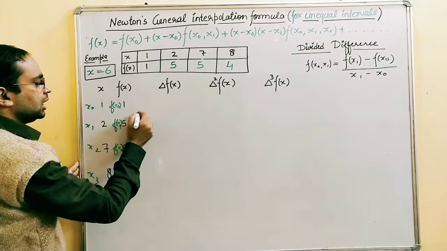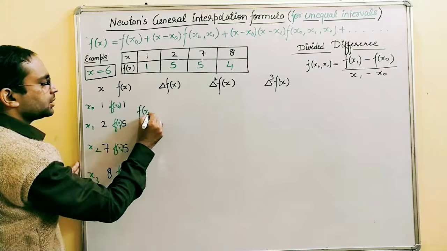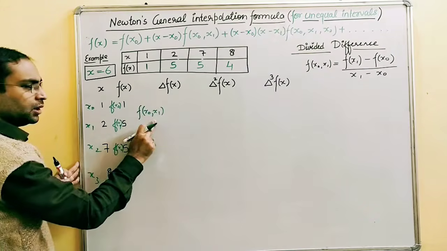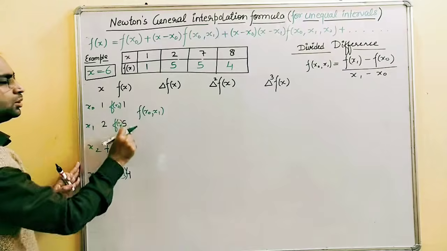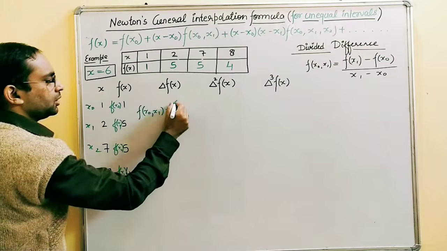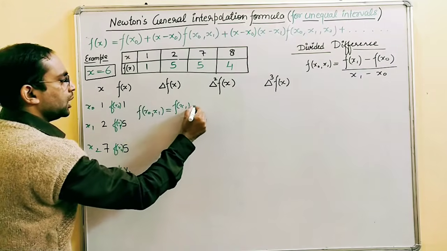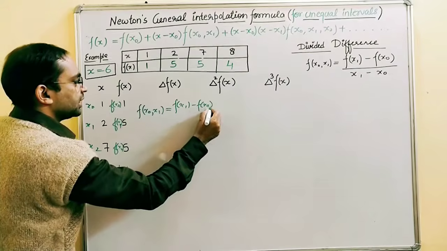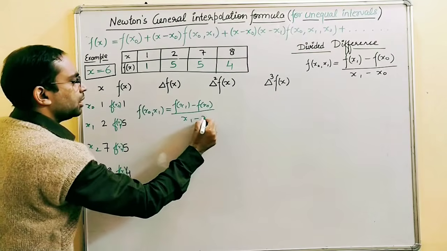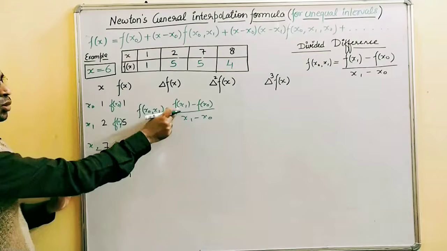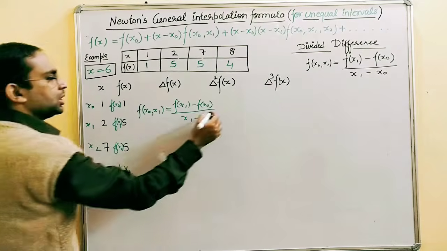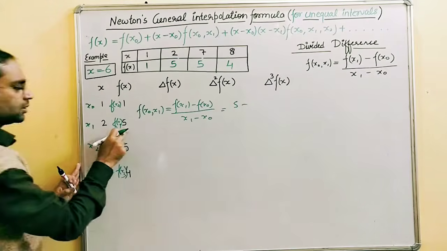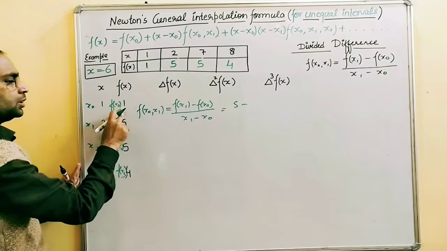This will be our f of x0 comma x1. This is the first divided difference in between these two values. The formula for this will be f of x1 minus f of x0 divided by x1 minus x0. F of x1 is 5, f of x0 is 1.